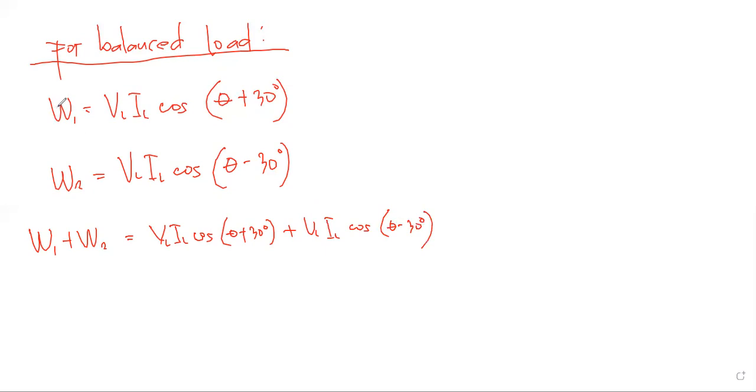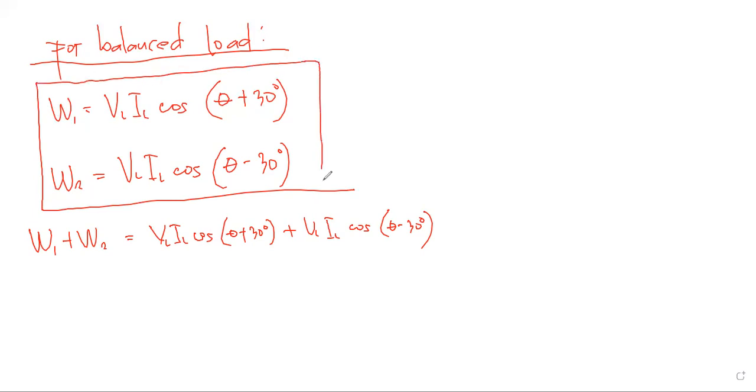You have to memorize these formulas, because you can use them directly to obtain the reading of the wattmeters, particularly if your load is balanced. All you need to do is to obtain the line voltage, the line current, and the power factor, and then substitute.